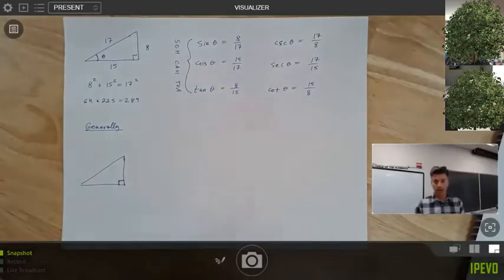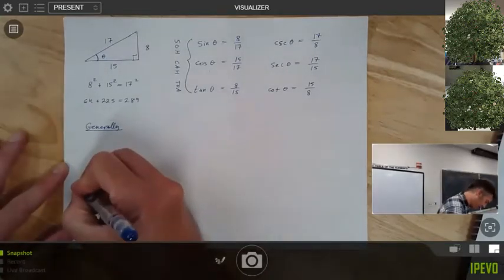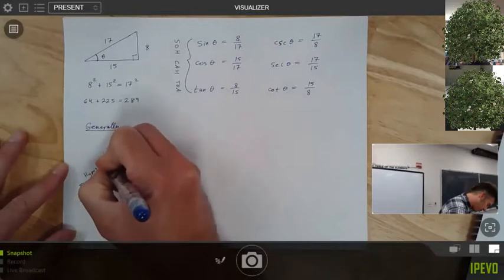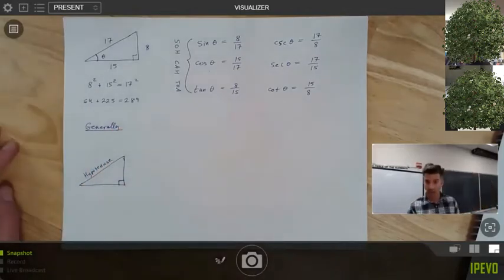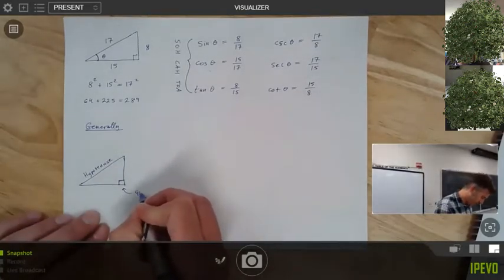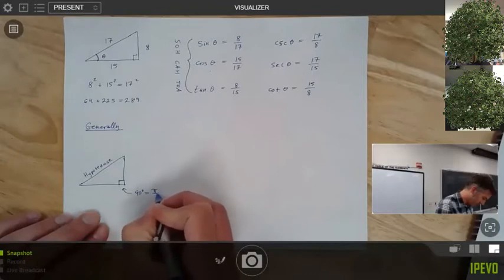Now, I want to make sure it's really, really clear. The hypotenuse is always the hypotenuse. The hypotenuse is always the longest side, and it's opposite the 90-degree angle, or the pi/2 radian angle. Right, so that angle right there, and that's 90 degrees, which is pi/2 radians.